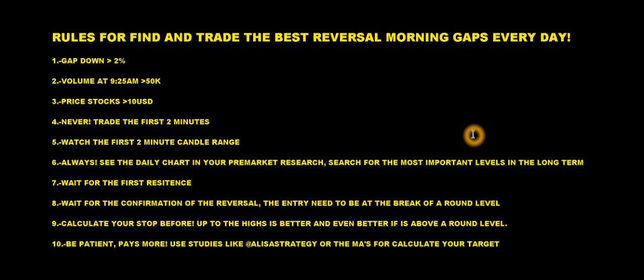So okay, the sixth one is always, and I mean always, look at the daily chart in your pre-market research. When you have the scan, the gaps more than 2%, more than 50k in volume, and more than $10, always watch their daily charts, always.